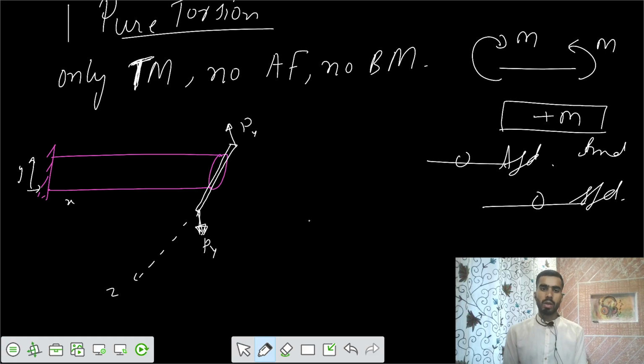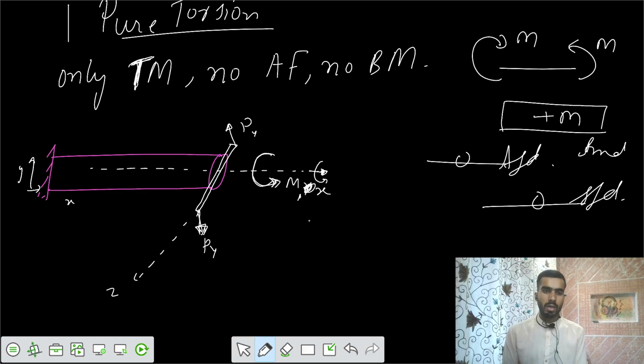So you developed a moment in the anti-clockwise direction, about the long axis. The moment developed because of load Y is rotating about the X direction, so let's call it M1X.